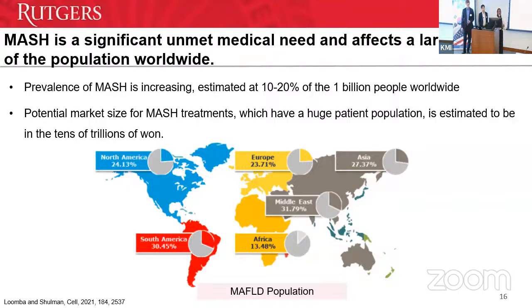So there's a potential market size for different MASH treatments, of which we have very little, or just one, which I'll talk about in just a little bit, that is specifically approved for MASH treatment. And then this map just shows all the different prevalence stats.